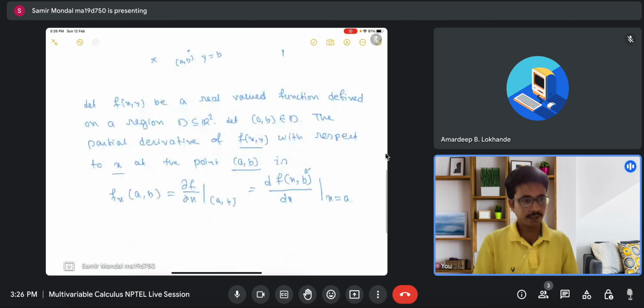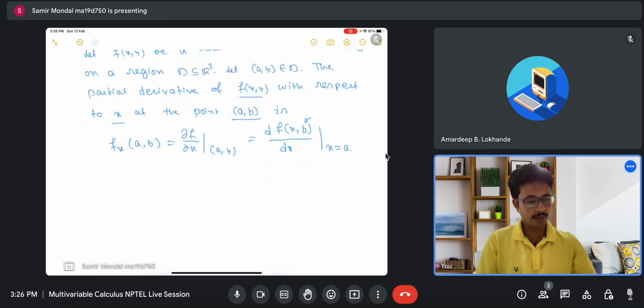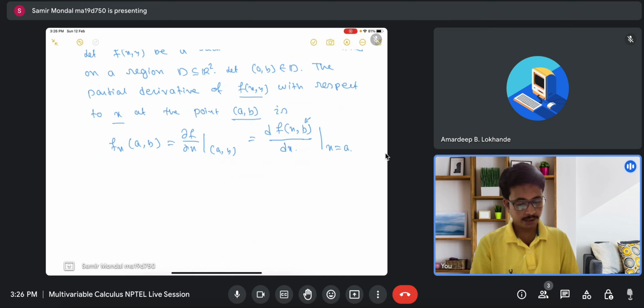Now we can define this, because after plugging y equal to b we got a one variable function, so we can use our known definition.